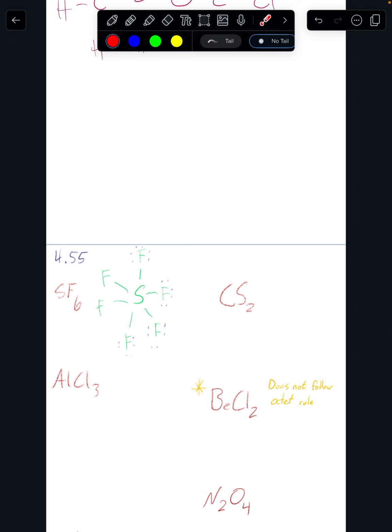Okay, we know that it has these lone pairs here. And because they're all paired together, it makes it happy. And that's your 6. And then you have the 7 right here that connects to this sulfur. And the sulfur ends up with the 6. And so it is also happy.